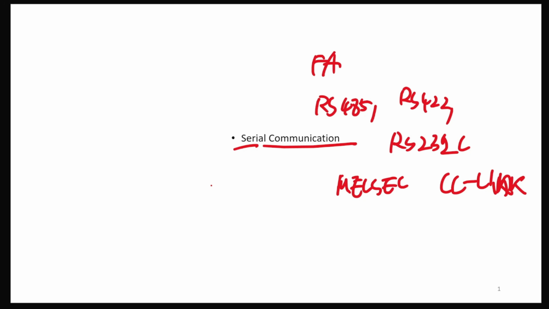Then, why do we need to use serial communication, and what are its advantages and disadvantages? Let's go through them one by one.